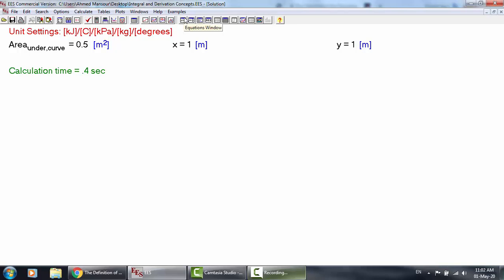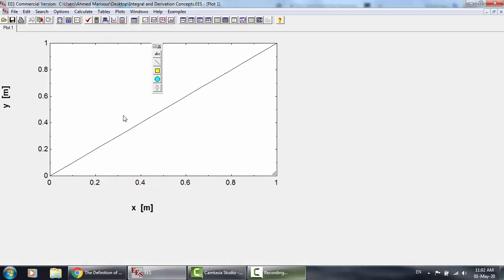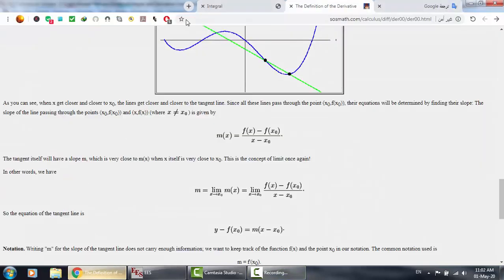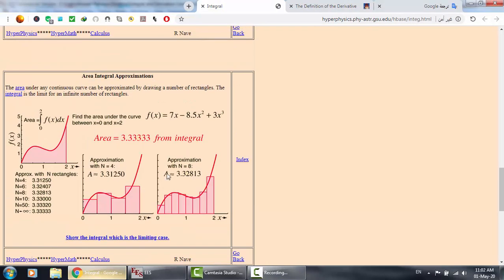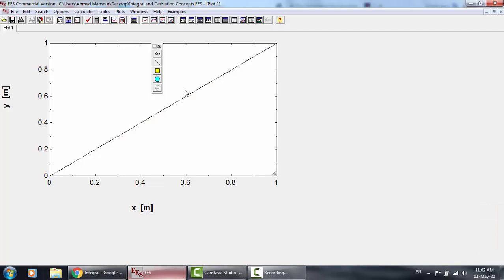So what I want to tell you today from this video is there is no need to plot everything. It will take some time, and it may not be accurate. As you can see, we have to make some approximations. If we have a curve like this, here we got a match because the geometry is quite simple.